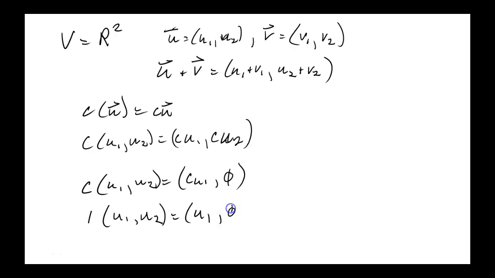(U1, 0). And that is not equal to U. U is (U1, U2). So the requirement is that 1 times U equals U, but we see here that 1 times U is equal to something not U.